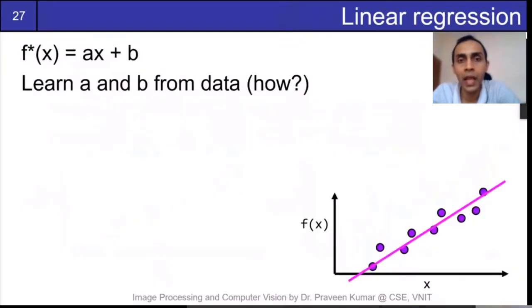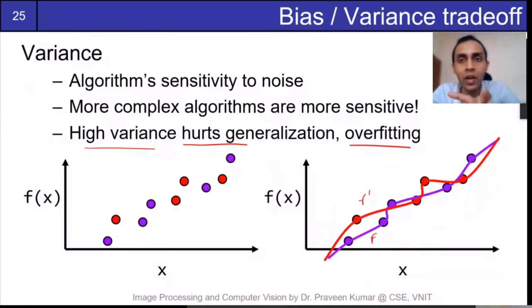So based on our discussion, now we know bias and variance are two opposite things. If you go for a simpler method, you will end up biasing your algorithm towards a simple model, and you will not be learning the exact patterns in your data.